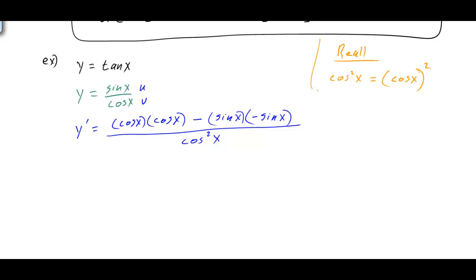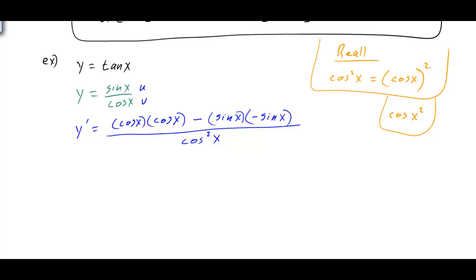Keep in mind, this is a shorthand notation so that we don't have to include the parentheses. So when you see cosine squared x, that really means you're squaring the whole trig function cosine of x. If you were to write cosine x squared, in this case only the x is being squared, not the entire trig function. So be very careful with this. Here, cosine squared x means the whole denominator is being squared.